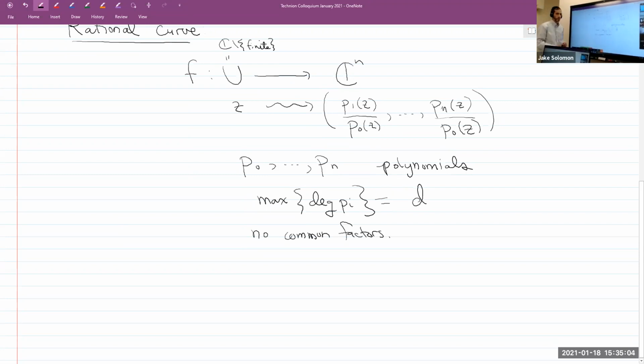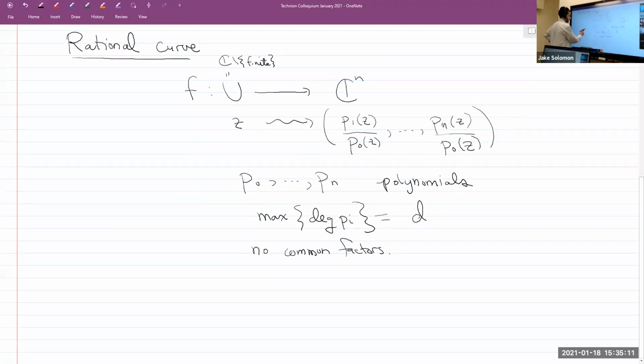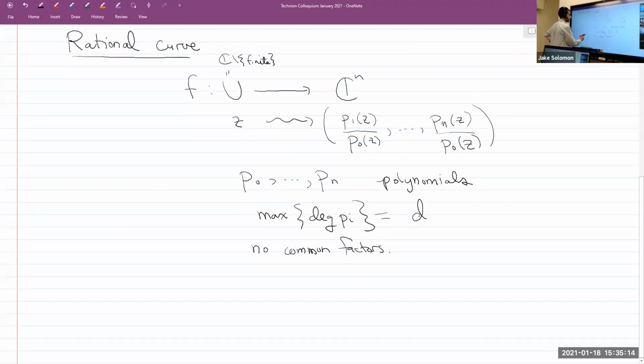So there's no polynomial of lower degree which divides all of P0 up to Pn. Okay, so that's a rational curve of degree D.